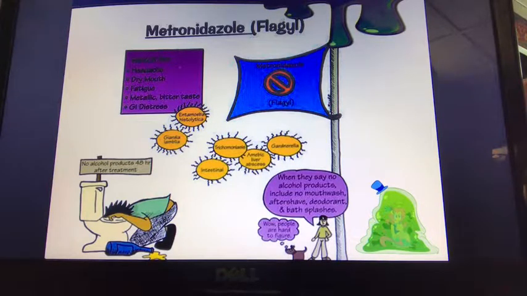This is one that you cannot take any alcohol with. This is up to 48 hours after you've taken this medication because it's still in your system. No alcohol products, including mouthwash, aftershave, deodorant, and bath splashes. So we have to be very careful with that because it can cause adverse reactions.